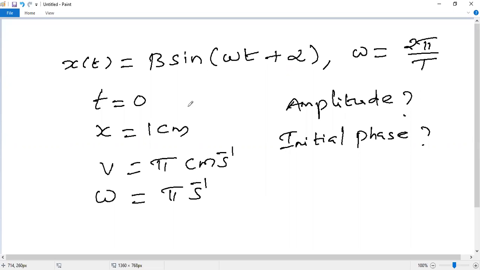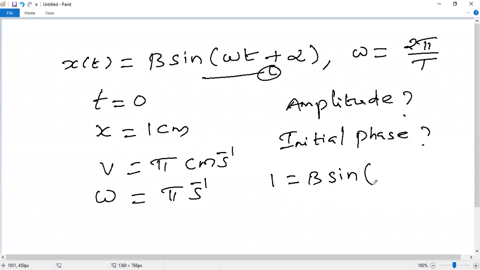I'm just applying the value of t equal to 0, x is equal to 1 centimeter in equation number 1. Then I will get the value of x, it is 1, b sine omega t, t value 0.